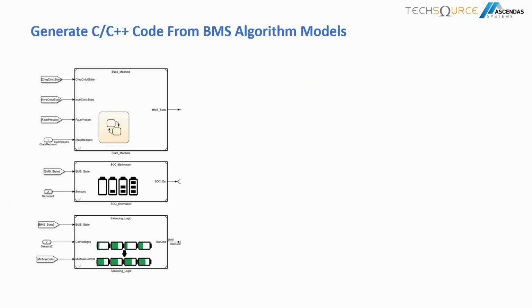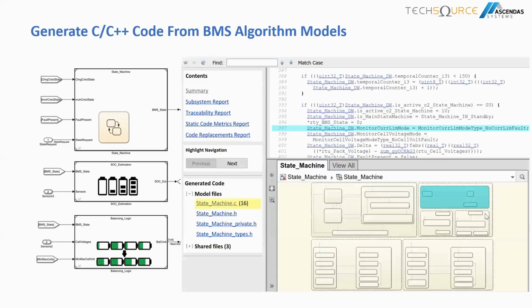Then the next step, after you have done your battery system plant, in this case the battery pack, and you have designed your battery management systems, those control systems, all those state of charge measurements, and cell balancing, is to generate embedded code from your validated models.